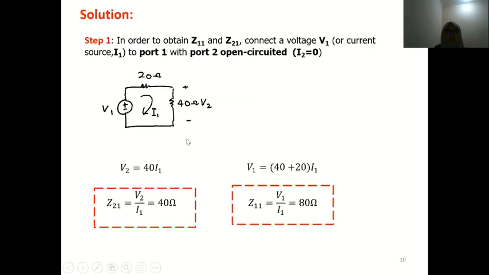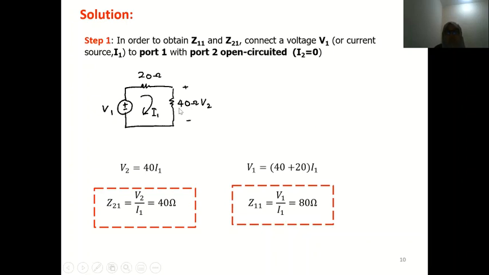So your circuit becomes like this: you have 20 ohms and your 40 ohm resistor in series with your V1. Remember that I2 is equal to 0, so only I1 will exist during this condition.